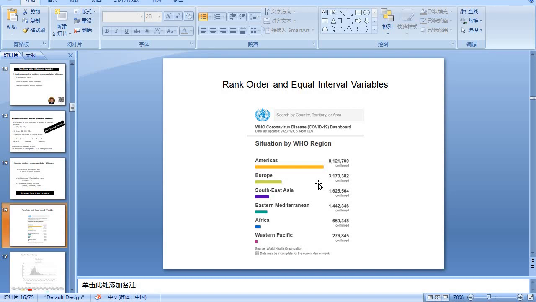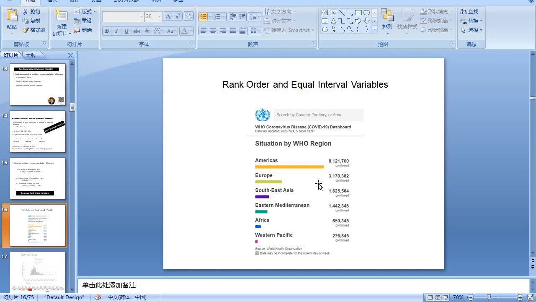The second place is Europe. Europe has fewer cases than the Americas, but more cases than the other regions. Rank number 3 is Southeast Asia. Then Eastern Mediterranean is number 4. Africa is number 5. The region with the least number of cases is Western Pacific. This would include East Asian countries, China, Japan, Korea, etc.